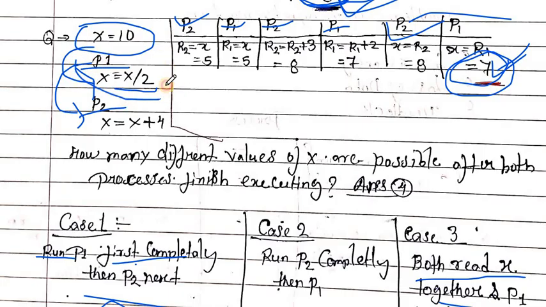The P1 will finish the execution of the program at last, so the changes done by P1 will be considered as the final result, because in both cases P1 will read x is equal to 10, and P2 will read x is equal to 10. In both cases, x plus 4 gives 14, and x divided by 2 gives 5.